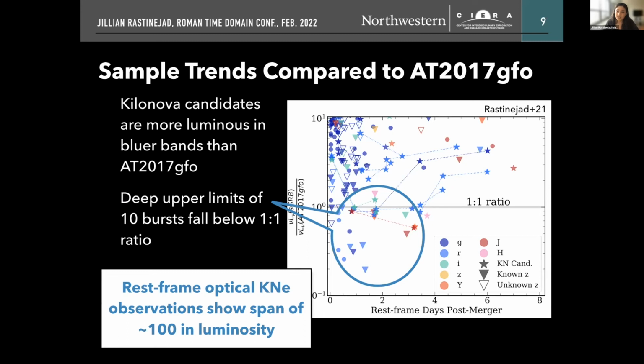So I think hopefully with future observations, whenever we see a relatively nearby kilonova now, we try to get both optical and near infrared. But when we look at these past observations, we really are biased towards the optical. So that's all we can see. So we don't know if it's just overall bluer or if it's just overall brighter, if that makes sense. Yeah, thank you.